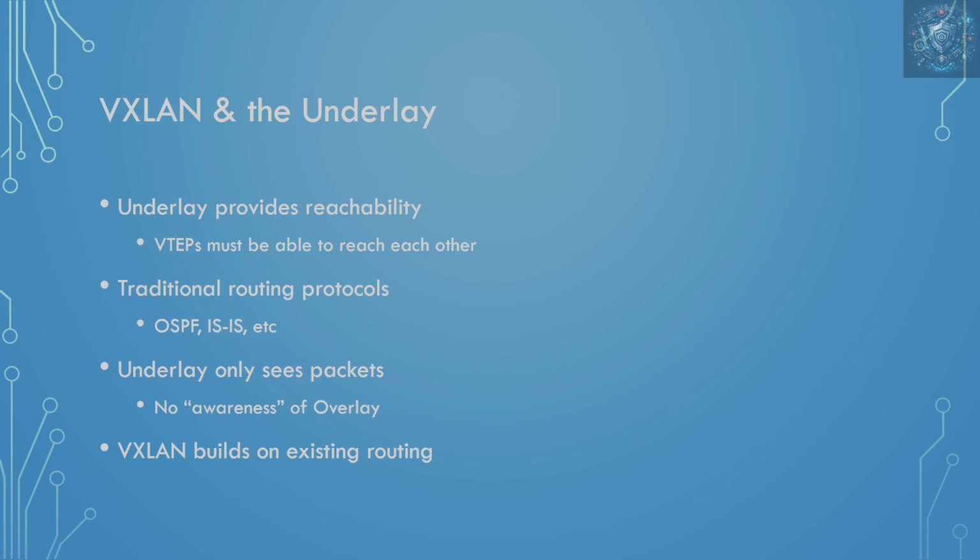There's no routing protocol happening with VXLAN by itself, but it's going to use those traditional routing protocols like OSPF, BGP, whatever's being used in the network. It's going to use that to pass the traffic from VTEP 1 to VTEP 2 to all the different VTEPs, because they have to be able to reach each other through the underlay.